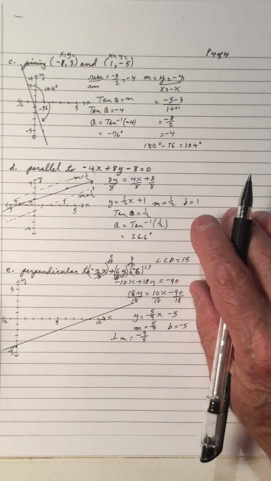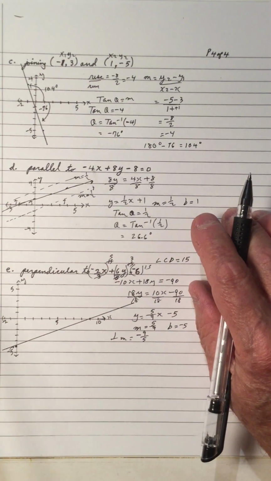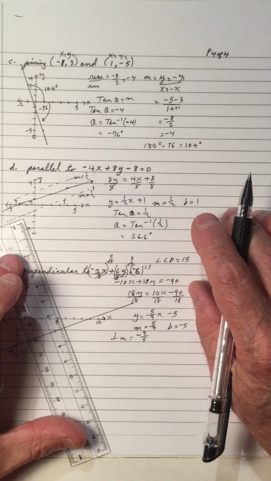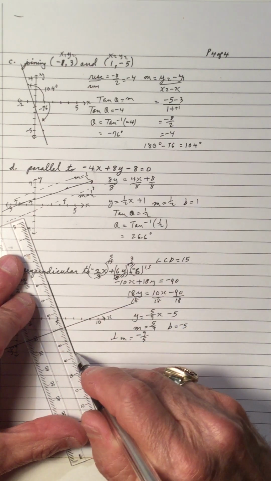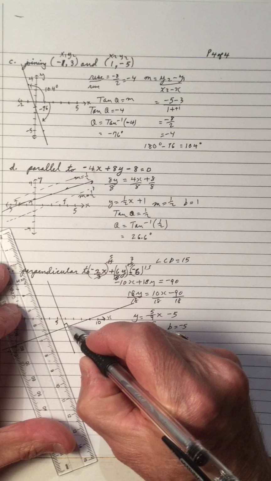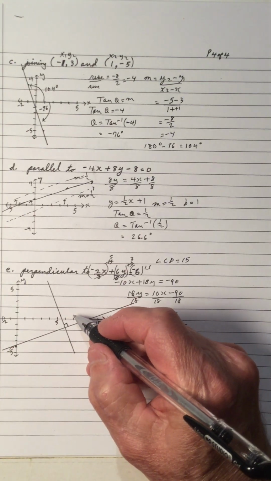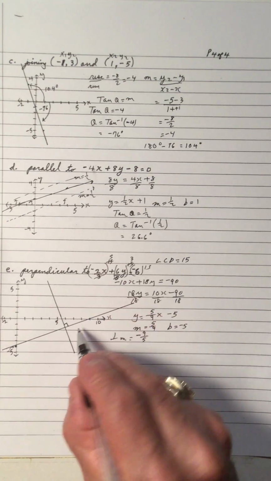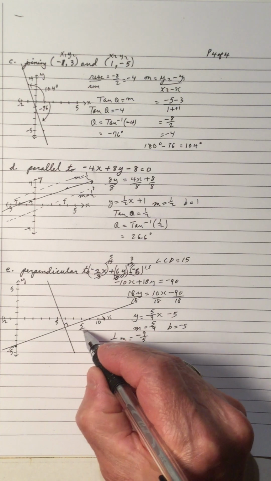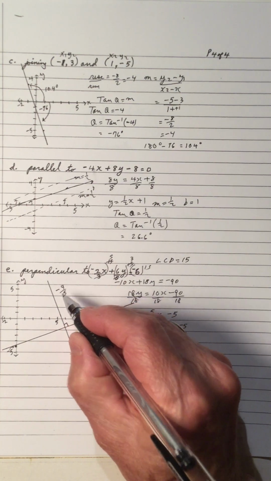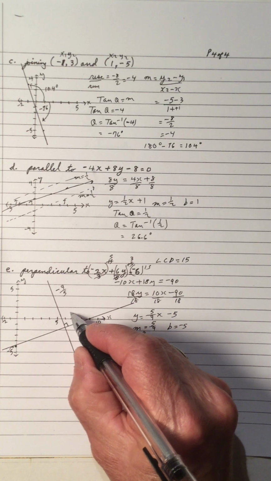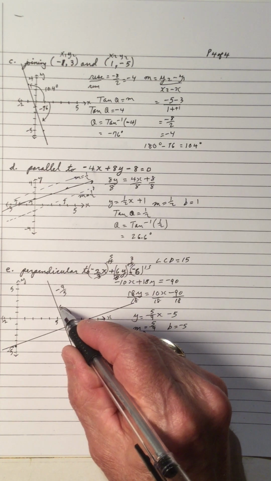So let's take any line. Let's pretend that this line I'm going to draw right now is perpendicular, with a right angle. That means if this line is 5/9, then perpendicular to it is negative 9/5. So the angle of inclination is this line right here.